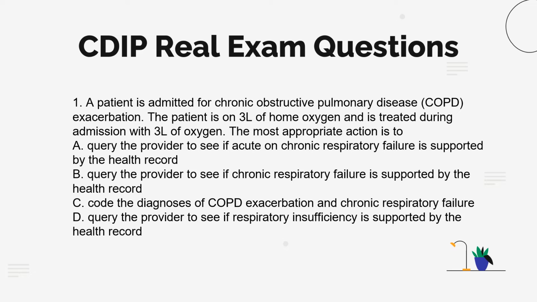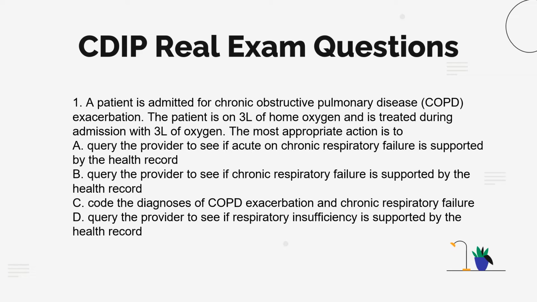1. A patient is admitted for chronic obstructive pulmonary disease, COPD, exacerbation. The patient is on 3 L of home oxygen and is treated during admission with 3 L of oxygen. The most appropriate action is to A. Query the provider to see if acute on chronic respiratory failure is supported by the health record.